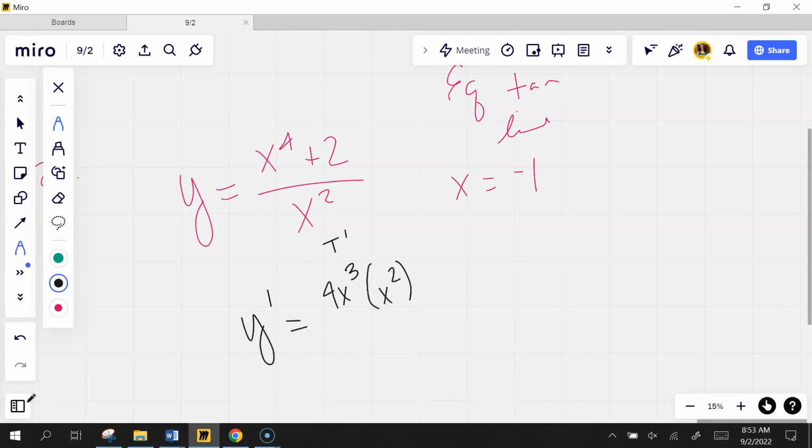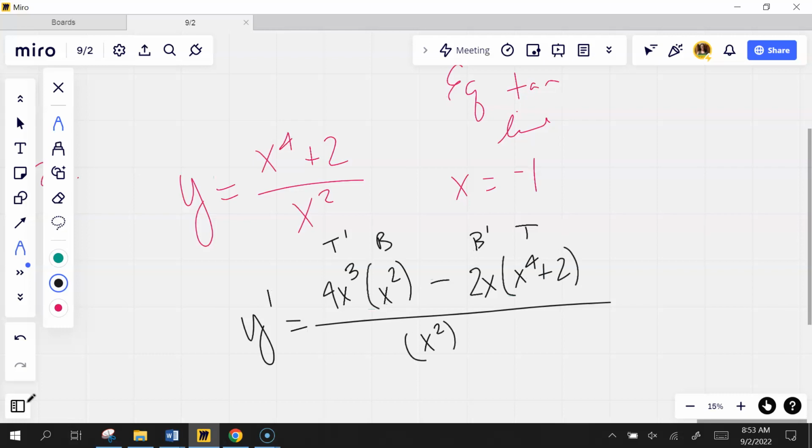Remember, because it's derivative of the top times the bottom, minus, and now I'm going to do the derivative of the bottom times the top, x to the 4th plus 2. And everybody goes over the bottom squared. Yep. And at this point, you can plug in 1 if you wanted to, or -1, whatever it is.